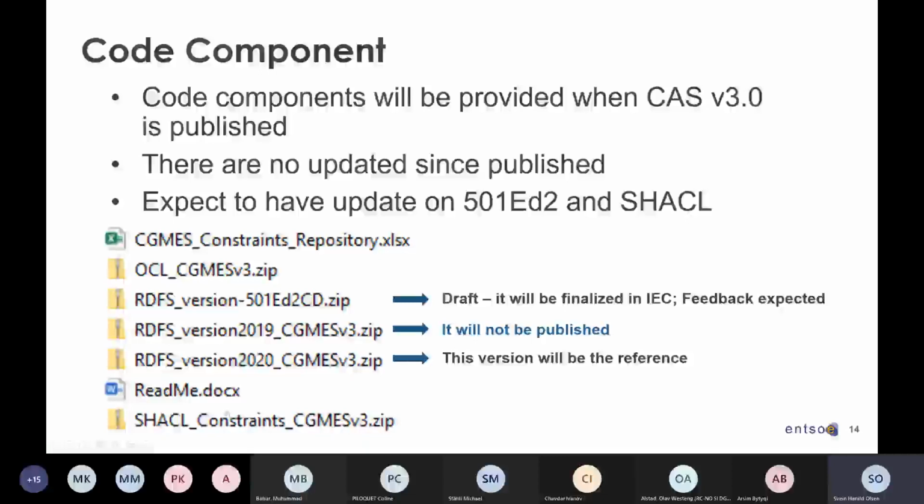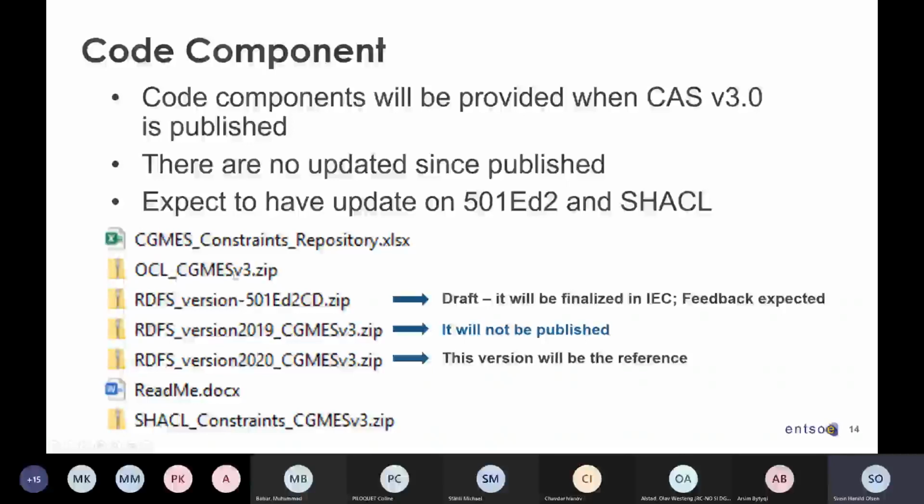There will also be some updates to the SHACL constraints, but this will be the preferred constraints description going forward. Right now, we include the OCL for backwards compatibility in the previous version, but this will be phased out and supported by SHACL. That's also where we want feedback: whether we need some kind of conversion from SHACL to OCL, which we believe is possible.